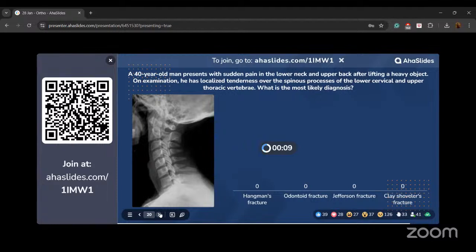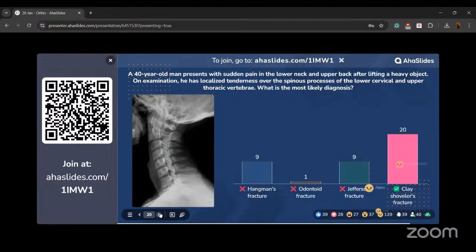The very easy clue is that it involves the lower cervical and upper thoracic vertebrae. Yeah, the right answer is clay shoveler's fracture. Jefferson is a C1 fracture, and Hangman's fracture is actually C2 vertebra slipping over C3. It can be an example of spondylolisthesis.